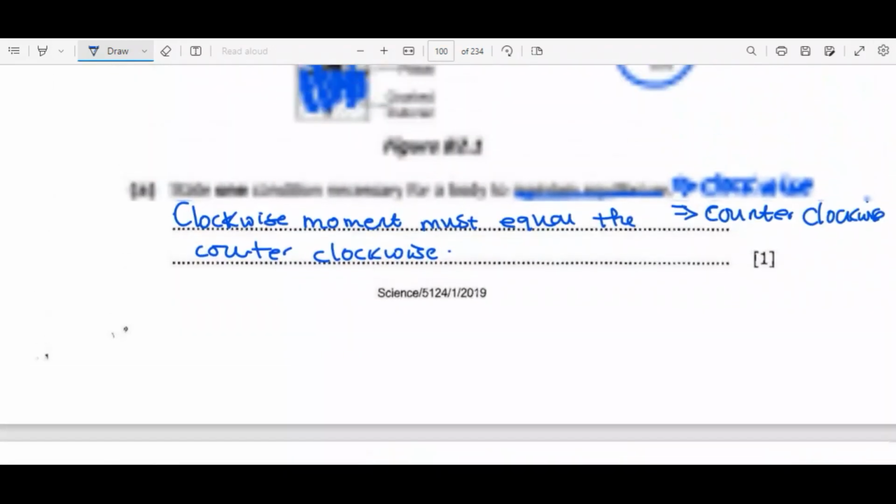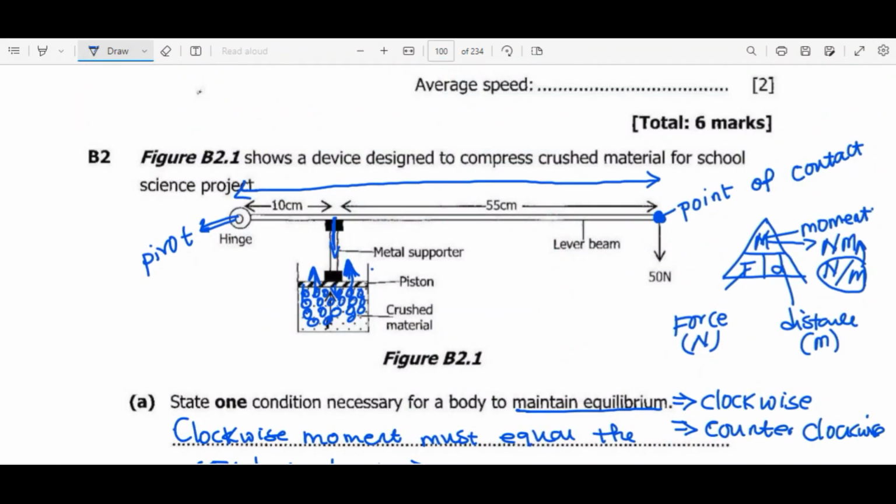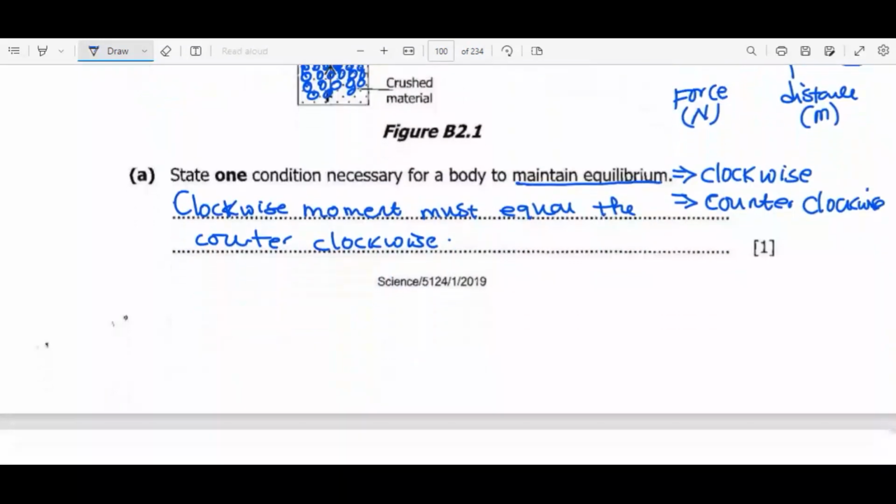So I go back to my diagram. So for this moment, the distance will be 10 centimeters because we are looking at pivot and the point of action is, this is our point of action for the second moment. So the distance is 10 centimeters.